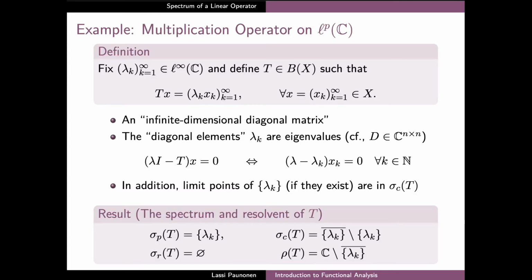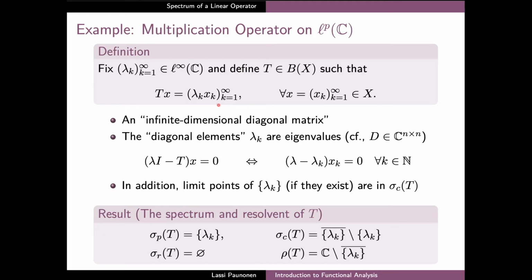As our first example, we can consider a multiplication operator on the sequence space l^p. This operator is defined by taking a fixed bounded sequence of elements lambda_k and defining T such that it operates on the element x by multiplying its kth element with the value lambda_k.